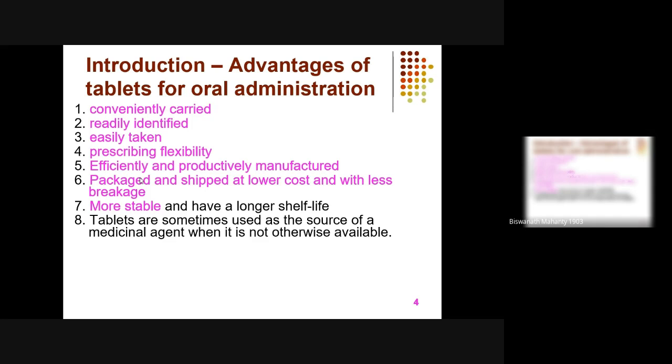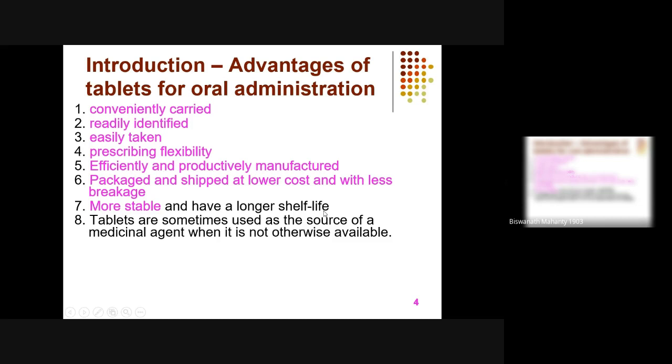In the case of tablets, there is very nominal cost for making the tablet strips. Sometimes it can be laminated, or you can have moisture resistant packaging. If film coating is there, we can have different packaging, which we will discuss later on.